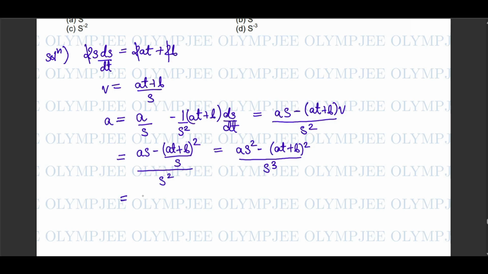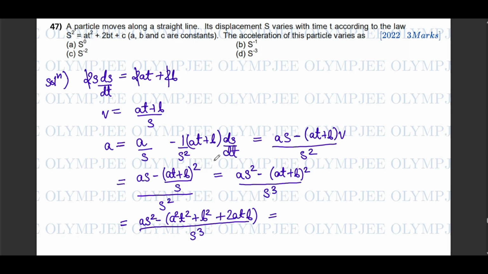Now adding the square, we will get whole divided by s cube. So now we cannot comment on proportionality because t is also here. So we need to remove t, and for doing that we can use the original equation.